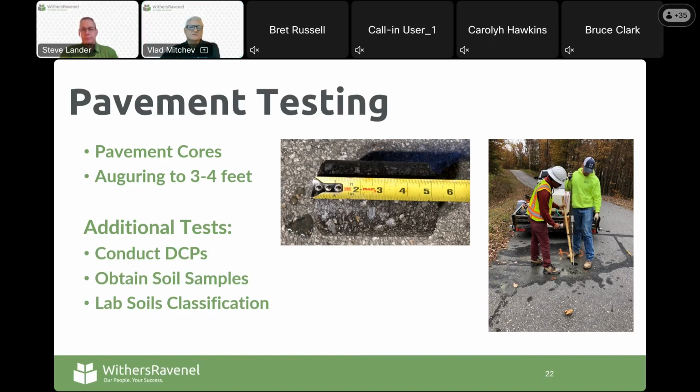In these cases, you can also obtain soil samples in the same process with the augering. You take the samples to the lab and conduct soil classification and moisture tests and different types of tests on the soil, but those are the most common. So classification and moisture are typically adequate to give an indication.